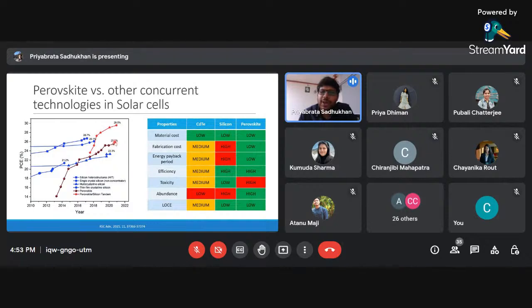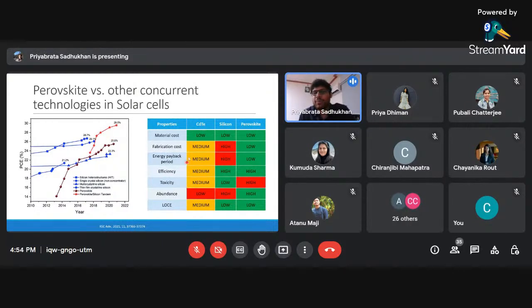We have reached 25.5%, while the silicon solar cells took more than 50 years to reach only 23.3%. So now you can imagine how promising this material is. And this is another one, the concentrated perovskite solar cell, which shows about 30% efficiency. But this is not very much usable for common people.